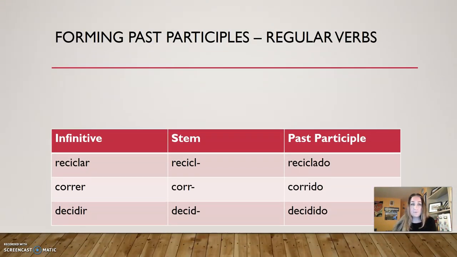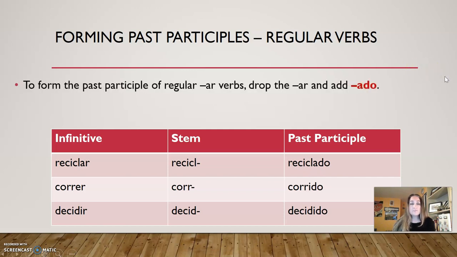So, how do we form past participles? Let's start with regular verbs, as we always do. For regular AR verbs, we are going to drop the AR and add -ado. For example, reciclar. Our stem is recicl-. After we drop the AR, we add -ado, and our past participle is reciclado.